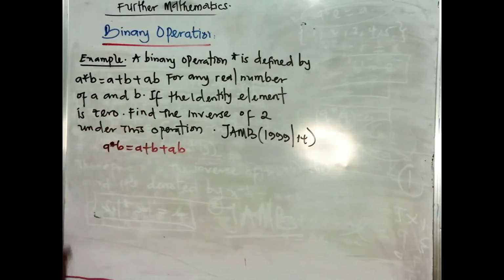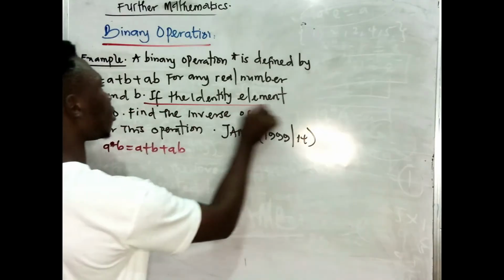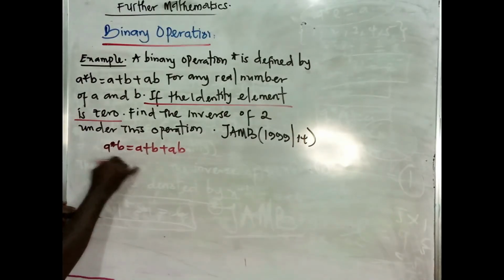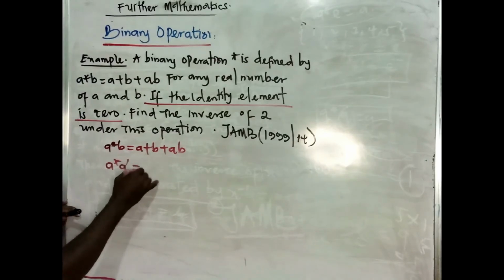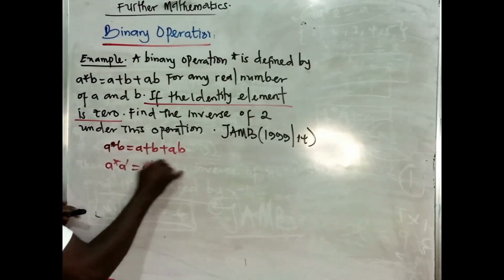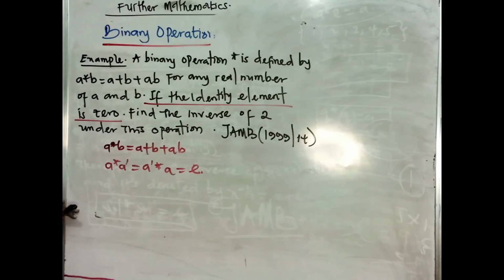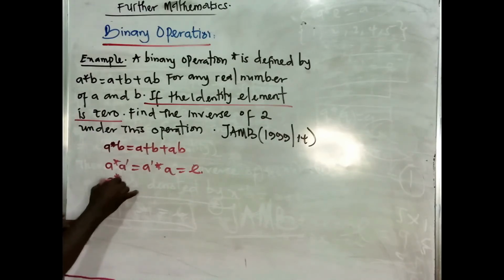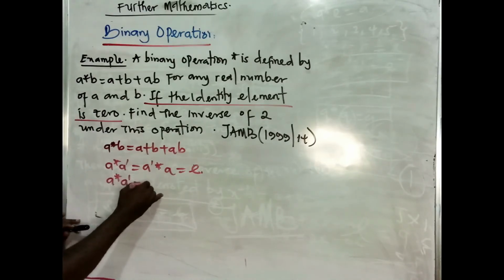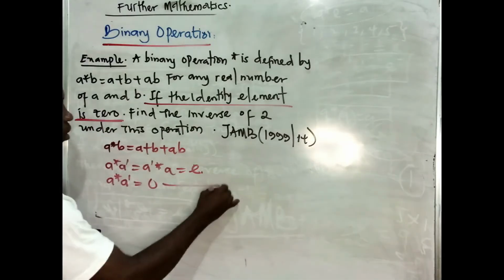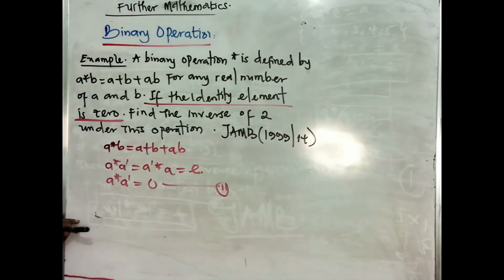If the identity element is 0 (the identity element must be given), that is, a operation a inverse is equal to a inverse operation a, which is equal to the identity, where they say the identity element is 0. I call this equation 1.